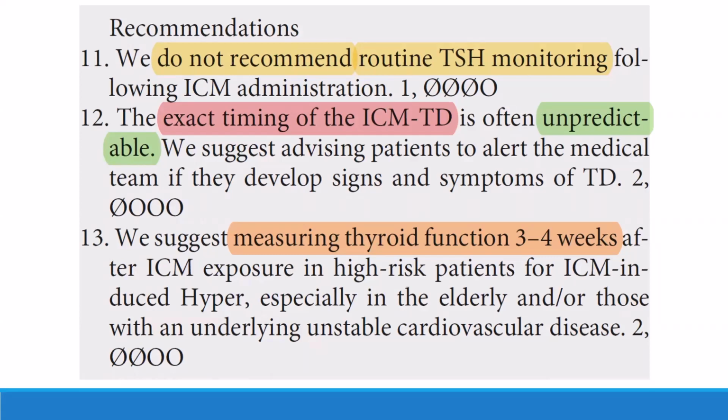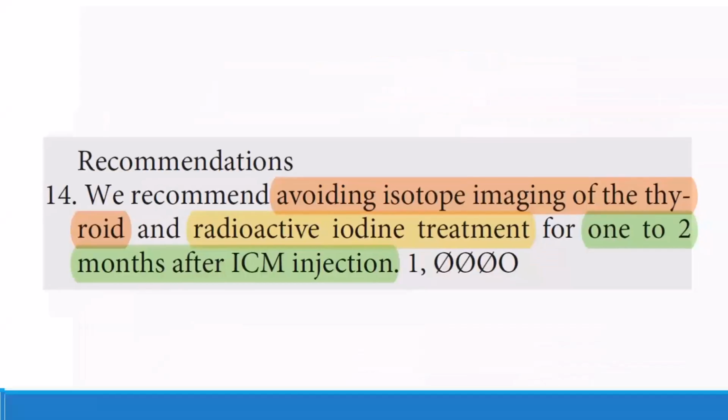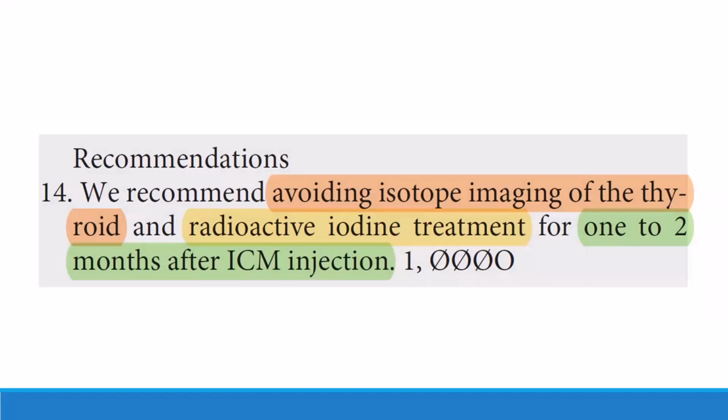Actually, the exact time of thyroid dysfunction is often unpredictable, and we should keep in mind that measuring thyroid status 3 to 4 weeks after the contrast exposure may be affected by the contrast media. So the value may be misleading.